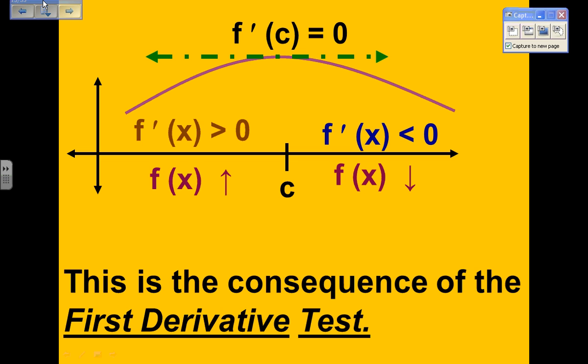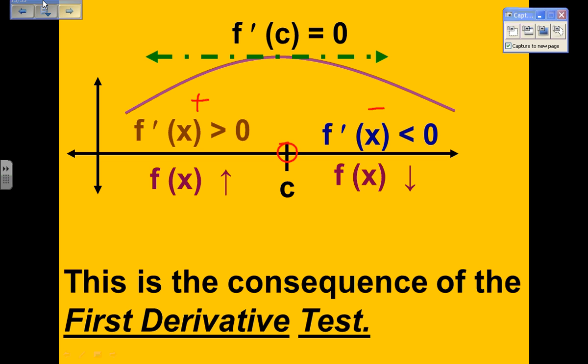The function is increasing. On the right side, the derivative is negative. So we have a plus sign here and a negative sign here for the derivative. Right here we have a 0. That is usually not going to be an answer. That's usually almost always an open circle.